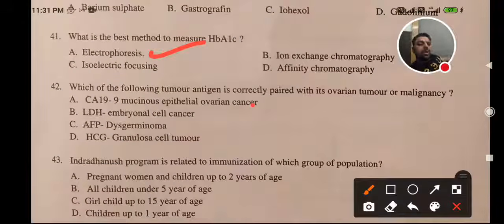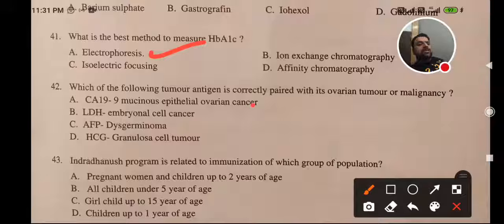Which of the following tumor antigens is correctly paired with its ovarian tumor of malignancy? CA19-9 mucinous epithelial ovarian cancer, CA19-9 is also associated with pancreatic carcinoma. AFP dysgerminoma, AFP is also associated with hepatocellular carcinoma.